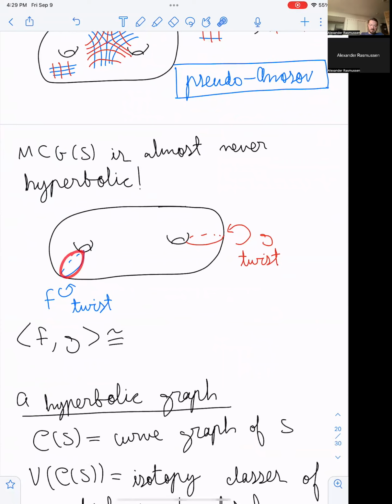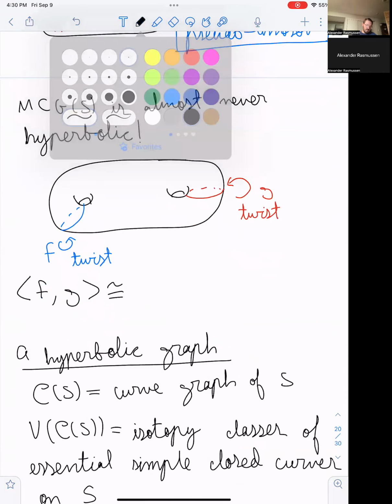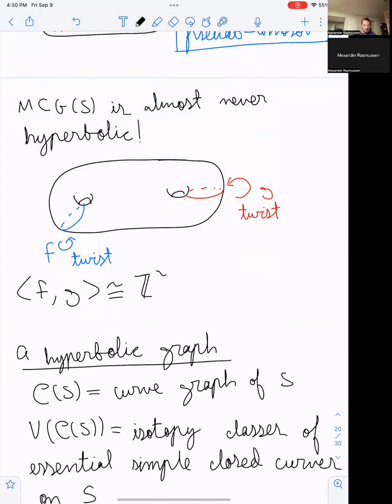Here are 2 disjoint simple closed curves on a genus 2 surface, and we can look at Dehn twists on these 2 curves and the subgroup that these 2 Dehn twists generate. These mapping classes are operating on disjoint parts of the surface, so they're going to commute. So the group they generate is a copy of Z squared inside the mapping class group.